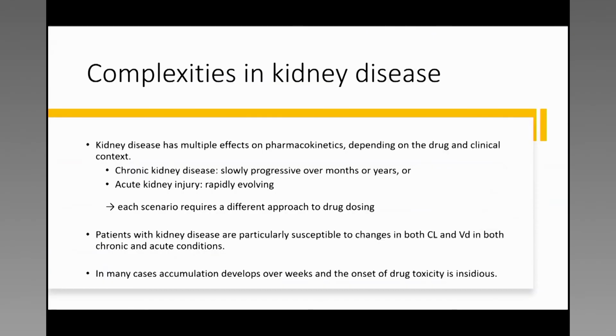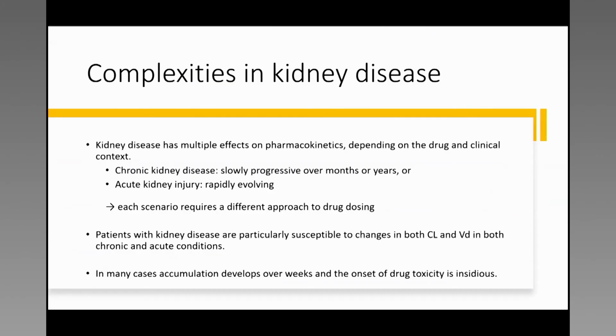The kidney function does not change over months, neither does the volume of distribution. In contrast, acute kidney injury is a rapidly evolving state, and therefore there are rapid changes in volume of distribution and clearance. Each scenario requires a different approach to drug dosing, and we're going to address each of these individually.